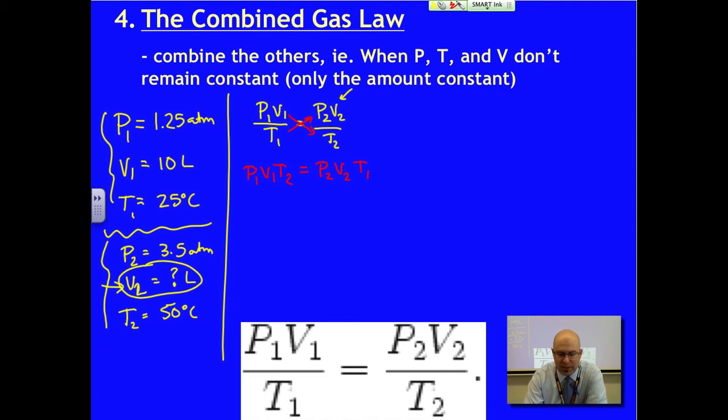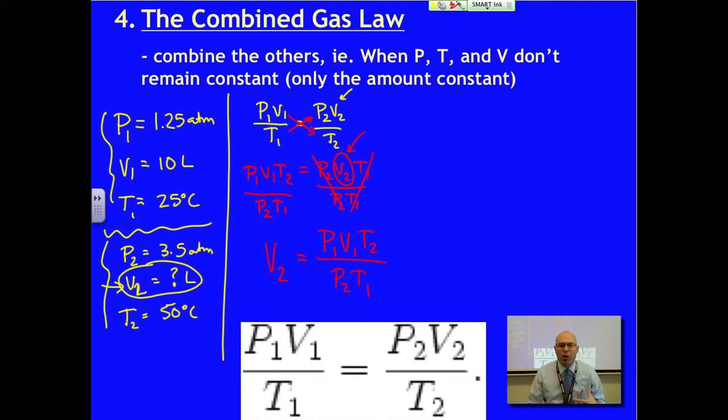There's your cross multiplication. To solve for V2, I can simply divide both sides by P2 T1, which cancels them on this side, giving me volume 2 all alone. So V2 equals P1 V1 T2 over P2 T1.